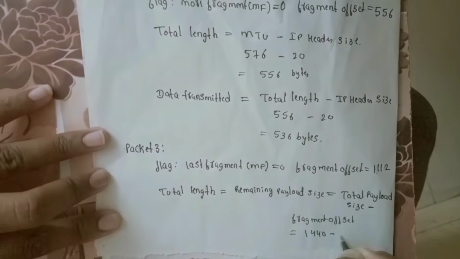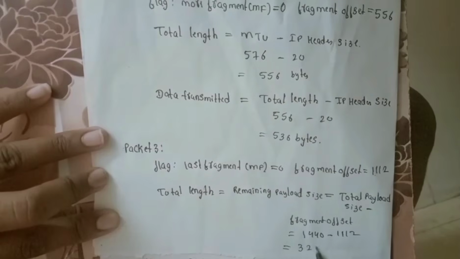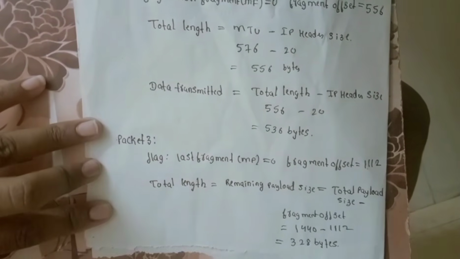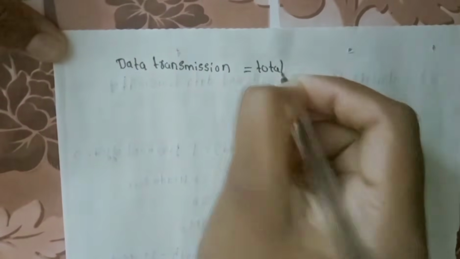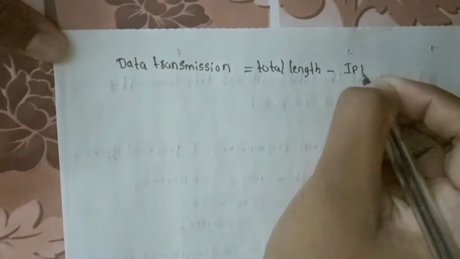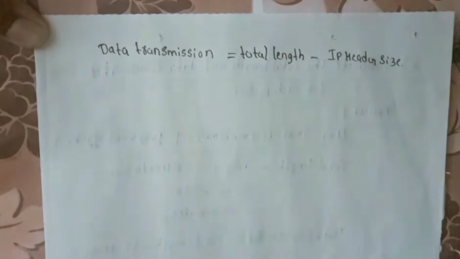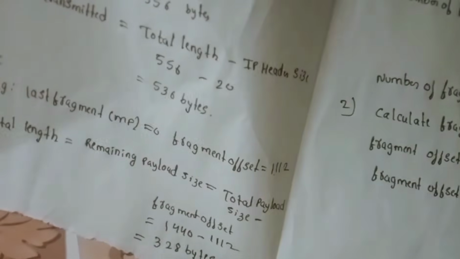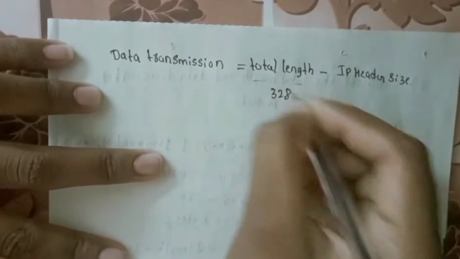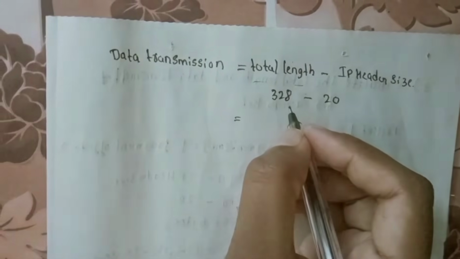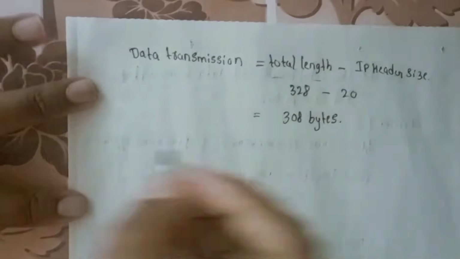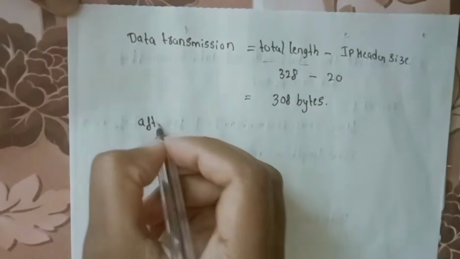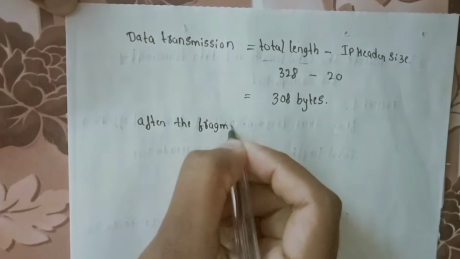Total payload size is 1440 minus fragment offset 1112, which is 328 bytes. Now we need to find data transmission. Data transmission is equal to total length minus IP header size. Total length is 328, which we found here. 328 minus 20 is 308 bytes.